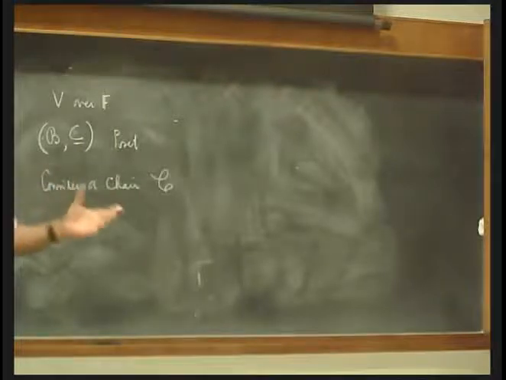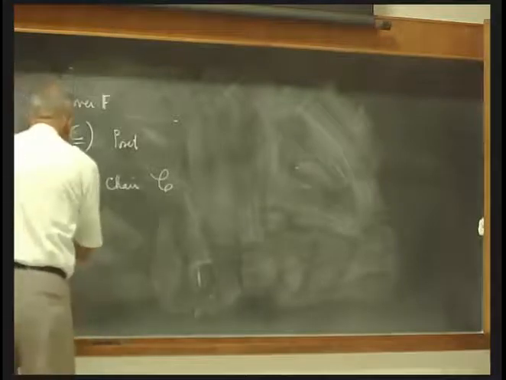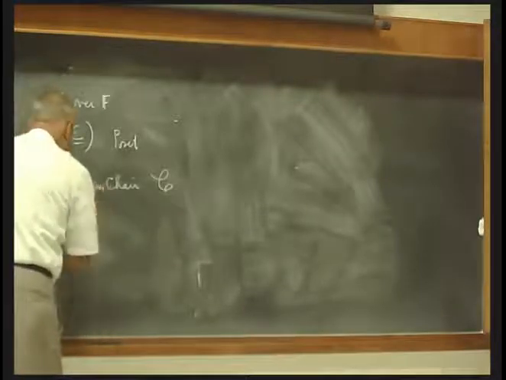So the elements of C are linearly independent sets in the vector space V. It is a chain means if you take any two linearly independent sets which are members of C, one of them will be contained in the other. They are comparable. So consider a chain. Okay. Now, does it have an upper bound? Consider any chain.